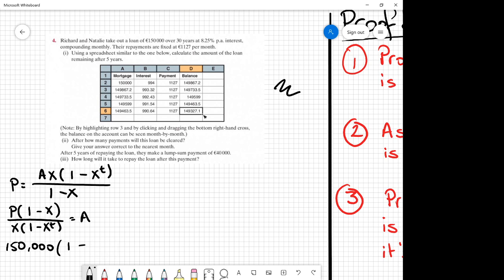And for x we need to figure out what that is, don't we? So we use 1.01825 to the power of 1 over 12.